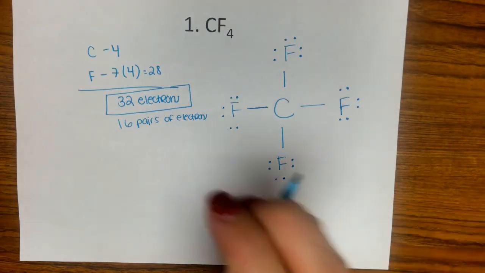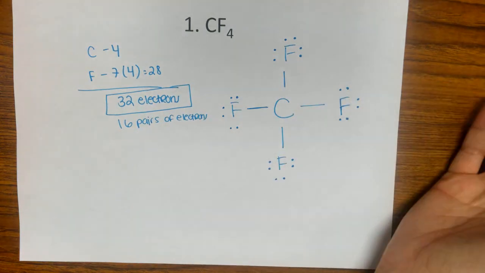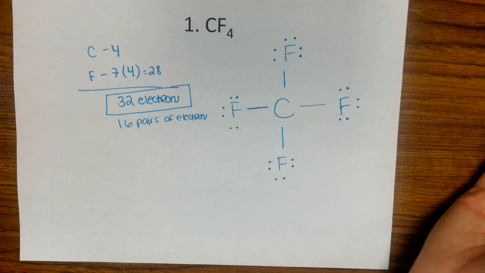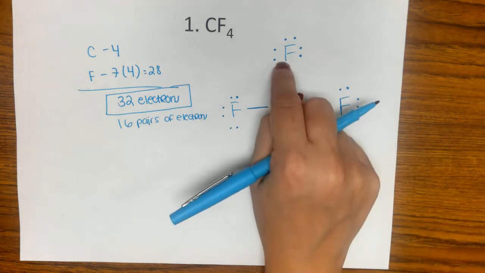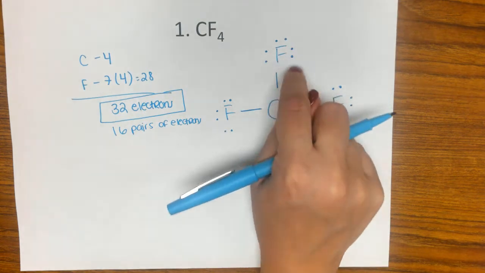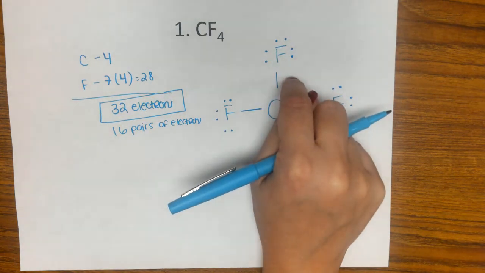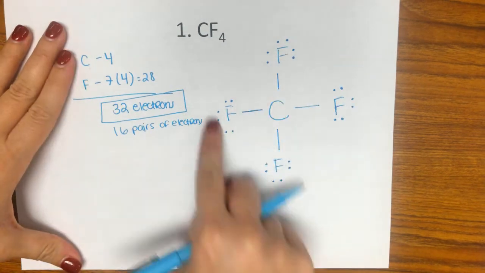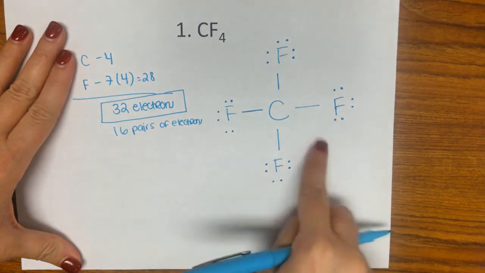And once you put down all your electrons, you need to go check. Does every atom have 8 electrons? Because remember, everything wants 8. Well, each of my fluorines have 6 of their own, 2, 4, 6, and then they have a single bond, which means they're sharing 2. So 6 plus 2 is 8. These fluorines all have 8 electrons. They are happy.